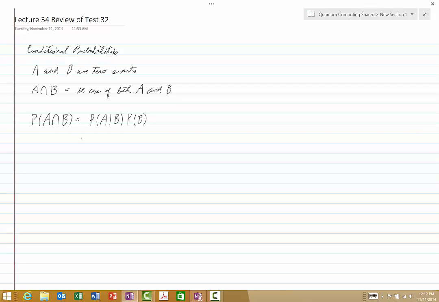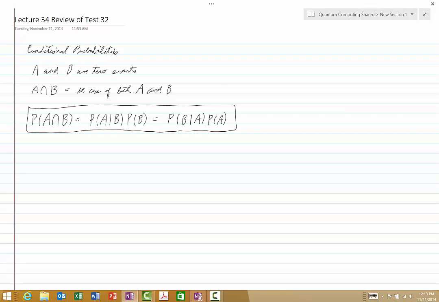And you can see easily that, of course, you could just switch the order of A and B and see that this is the same thing as probability of B given A times the probability of A. And this is a formula that is surprisingly useful.